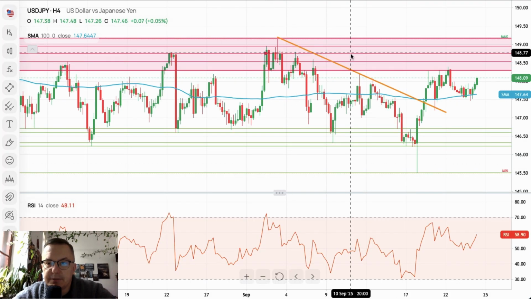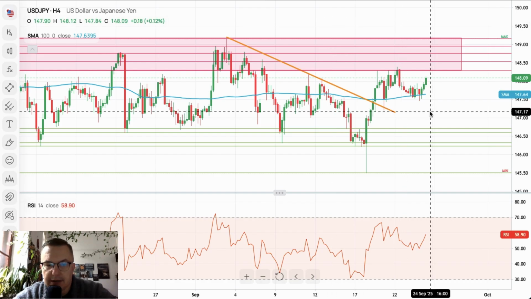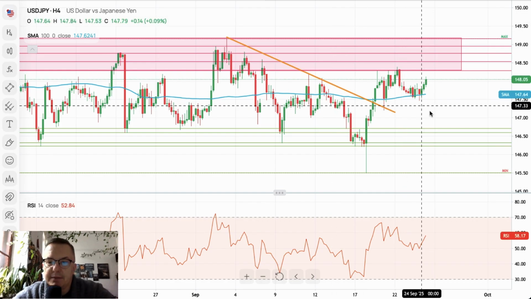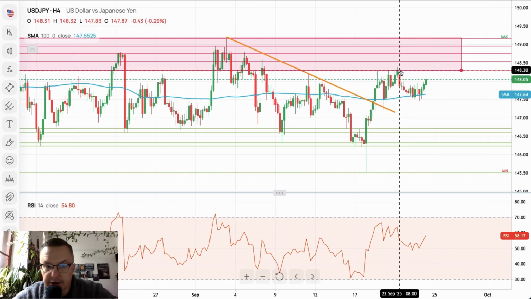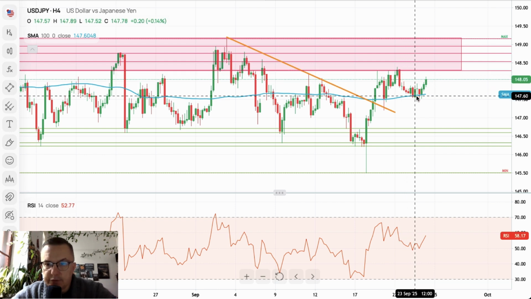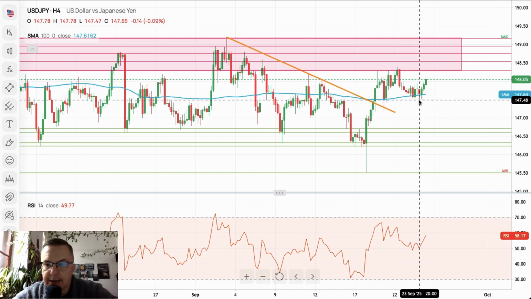US dollar versus the Japanese yen. Something might start to cook, as they say, on this pair, because the market was ejected from the supply zone, the lower level of 148.30, moved lower, and pulled back towards the level of 147.50.